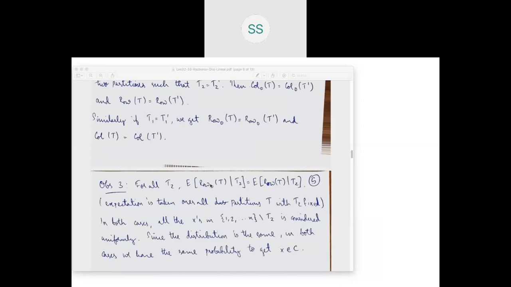But then T1 itself is randomly chosen, which means you will see all the L element subsets with equal likelihood. And here we don't have this zero subscript, so here also we will see all the L element subsets with equal likelihood. Hence the distribution of the X's in here as well as here is the same, because I is anyway not fixed, so we are considering everything. Hence the expectation of this is the same as the expectation of this.